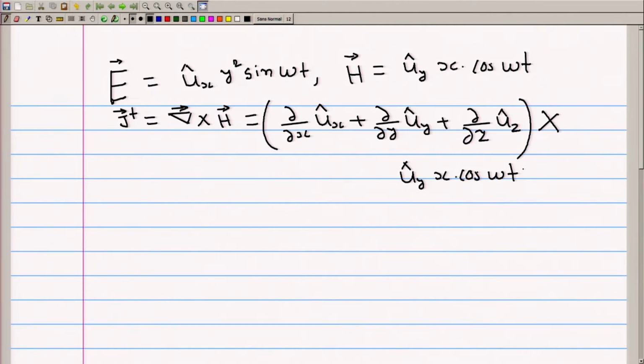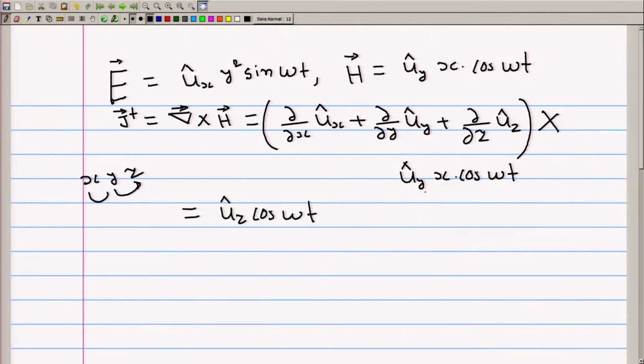We know in the rectangular coordinate system x, y, z, ux cross uy gives uz, and the differentiation of x with respect to x gives 1. So, in the first term del upon del x of x is 1, ux cross uy is uz, times cos omega t.